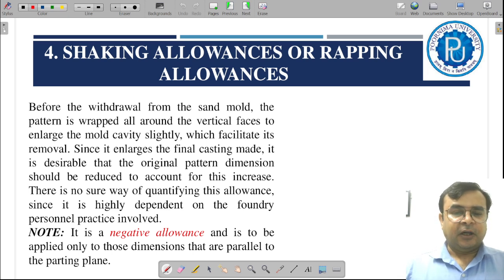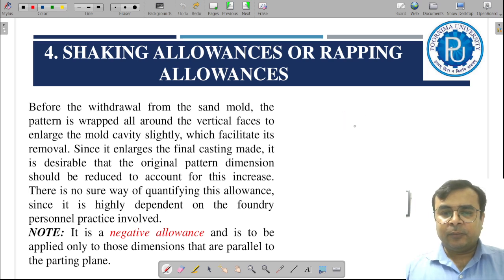Next, shaking allowance. Now, if I talk about the shaking allowance, then if you have a pattern like this, if I draw its top view, then it looks like this.